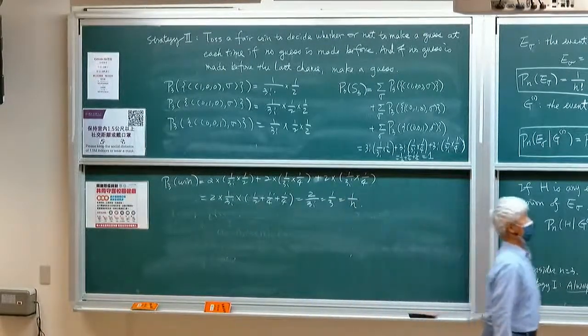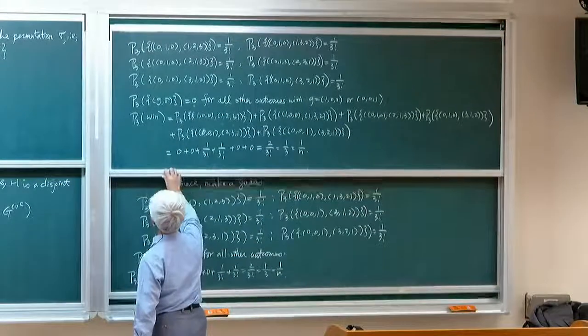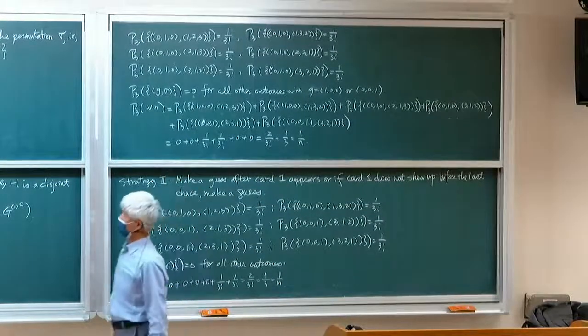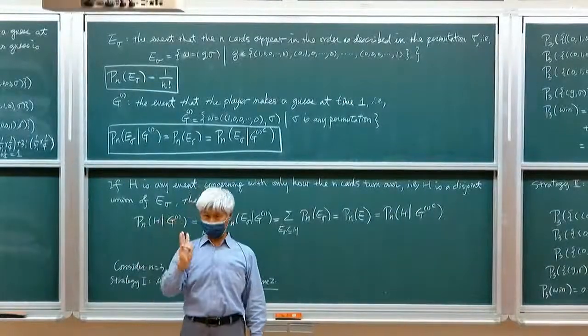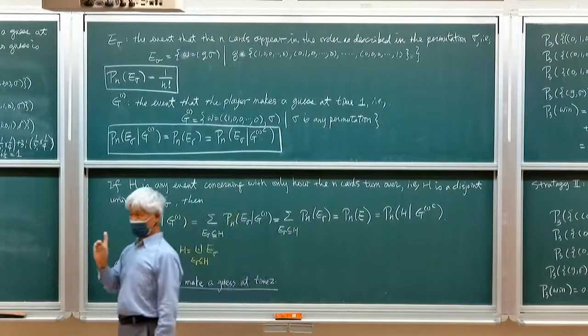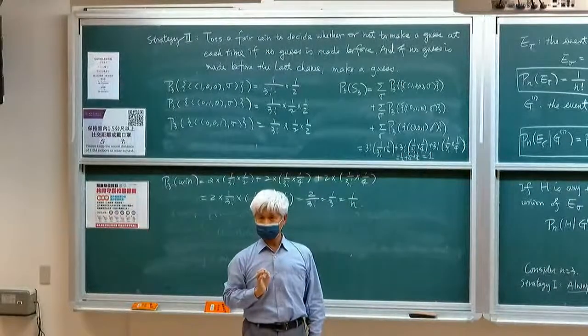Okay, so now I have demonstrated 3 different kinds of strategies, and each strategy corresponds to a different probability function, right?